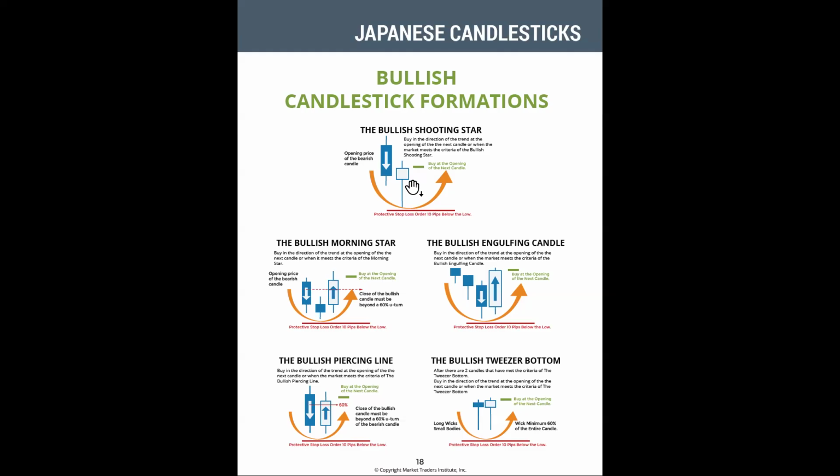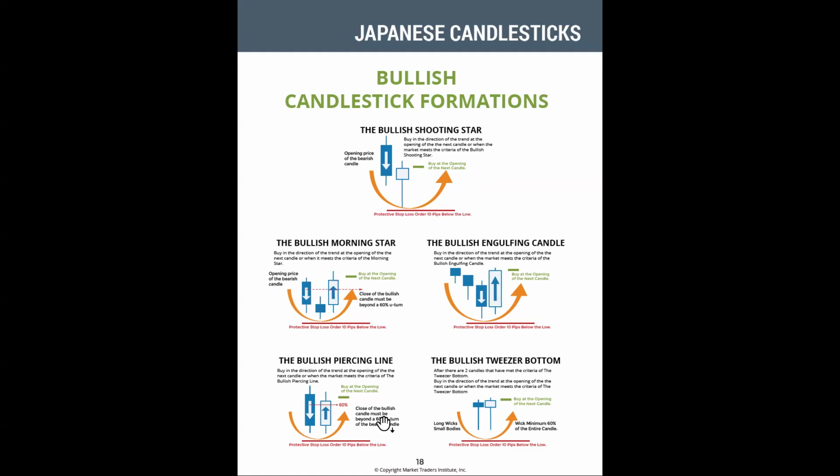If you see a bullish shooting star in a demand zone, that is a good indication that the market is going to buy. If you see a bullish shooting star in a supply zone, that could be a deception for you to buy when the market is actually going to sell.